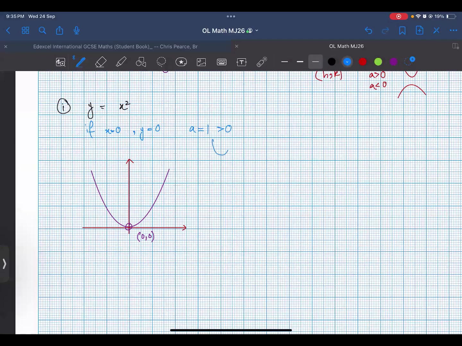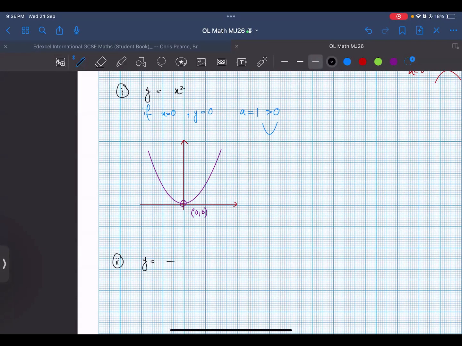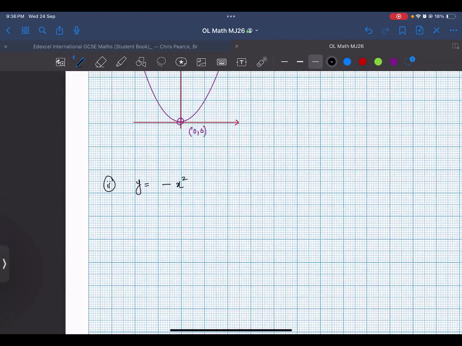So y is equal to minus x square. If this is minus x square, then the graph would be just upside down. Because I told you, if your a is now -1, which is less than 0, the graph would be upside down. So this would be like this.